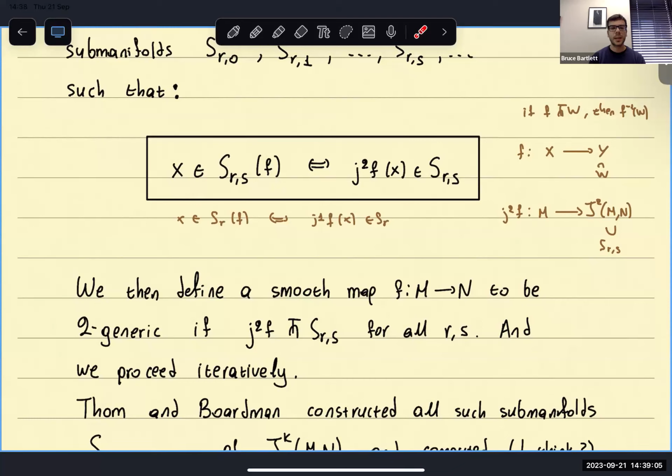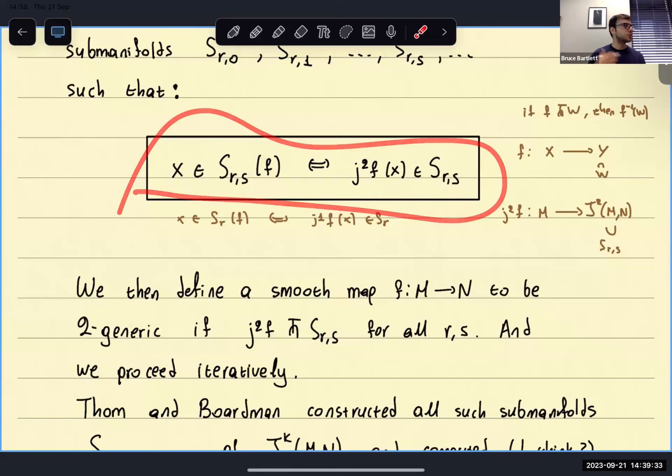So this is not a very good definition because the S_R^S a priori do not depend on any smooth function f. You could say something along the lines of: define the S_R^S such that this thing holds for all smooth functions f.